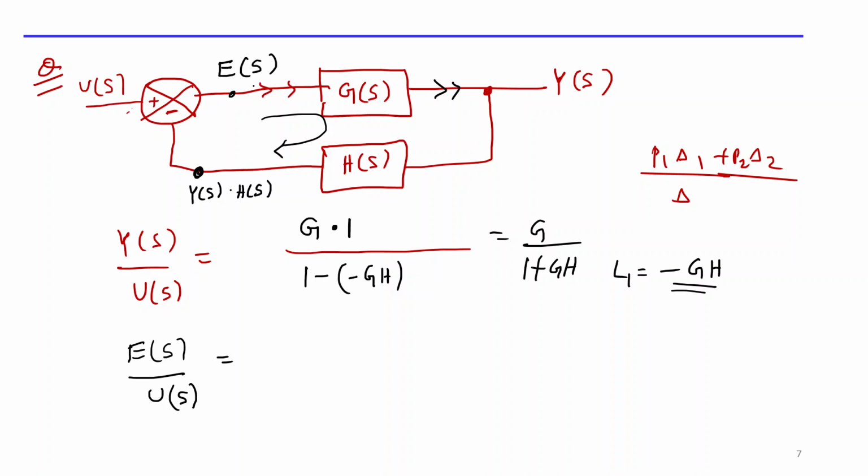So E of s is nothing but u of s minus y of s into h of s, divided by u of s.